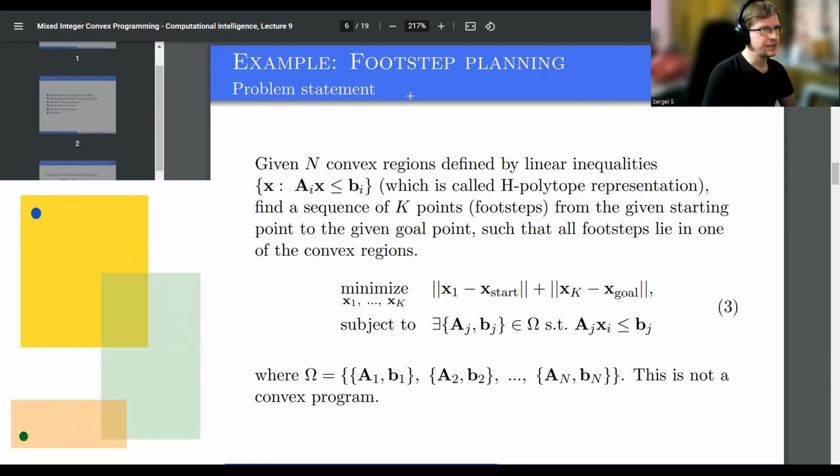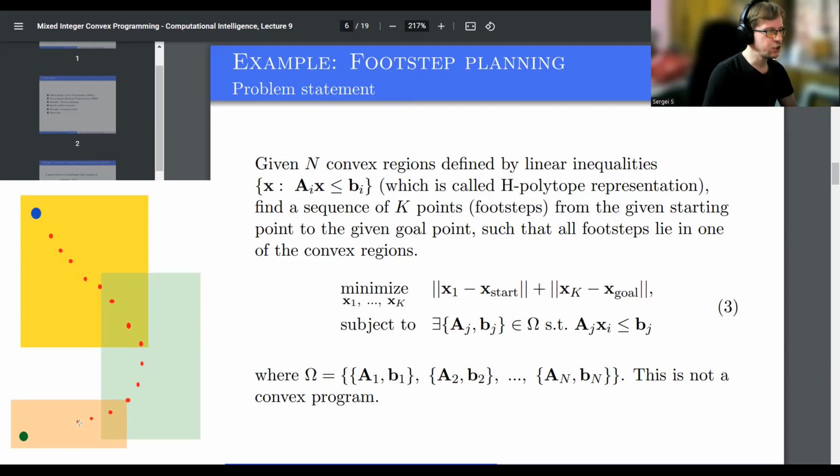You want to plan a discrete sequence of steps. So something like a step here, step here, step here, step here, step here, and so on. So you want to plan a discrete number of steps that would go from the beginning to the end.